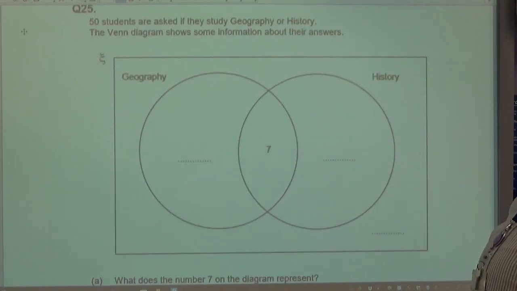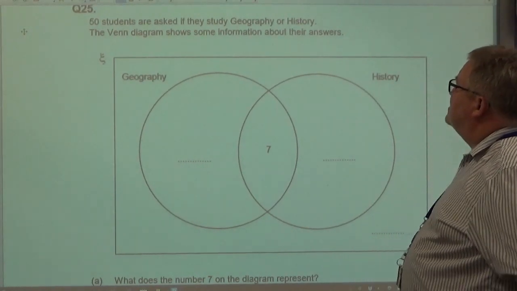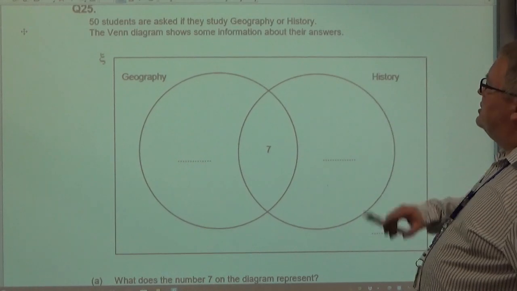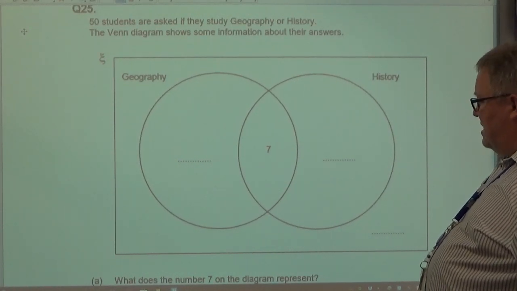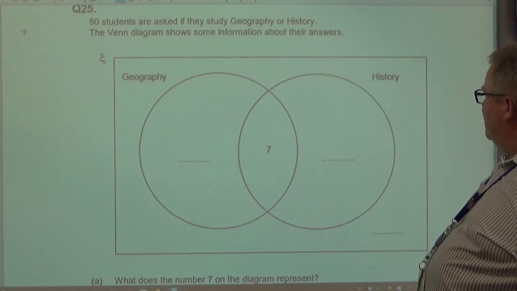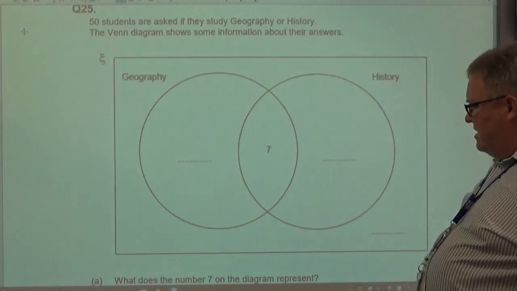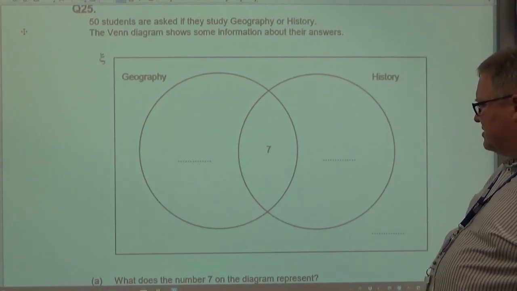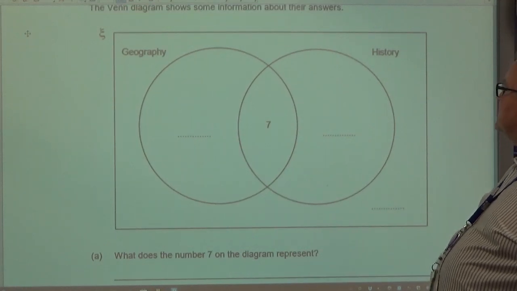Venn diagrams, yes, Venn diagrams likely to come up. 50 students are asked if they study geography or history. The Venn diagram shows some information about their answers, and there's something in the middle that's saying 7. The first question is what does the 7 on the diagram represent?